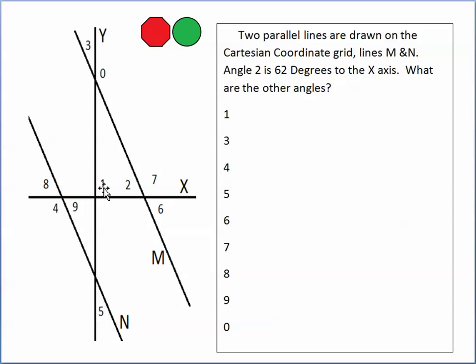If this is 90 degrees and this is 62 degrees, you already know that the interior angles of every known triangle in every known universe total 180 degrees. So 90 plus 62 plus some number equals 180 degrees. You do the little math crunching on that and you come up with 28 degrees for this.